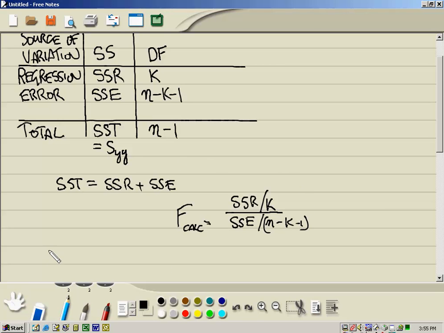And so for this problem, the regression sum of squares is 1.05632, rounded off, and the error sum of squares is 0.13524.